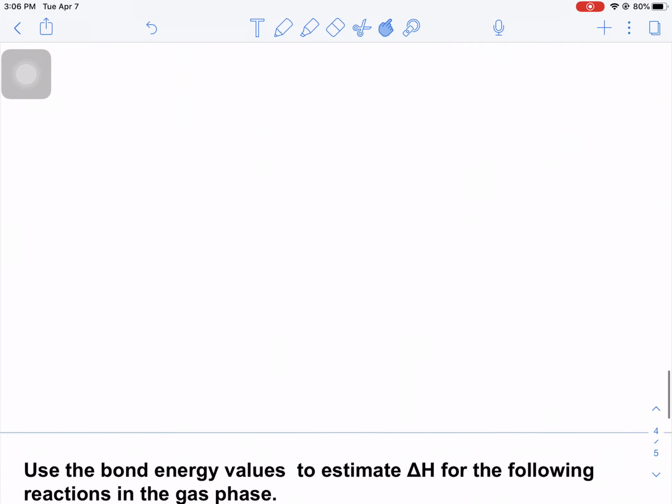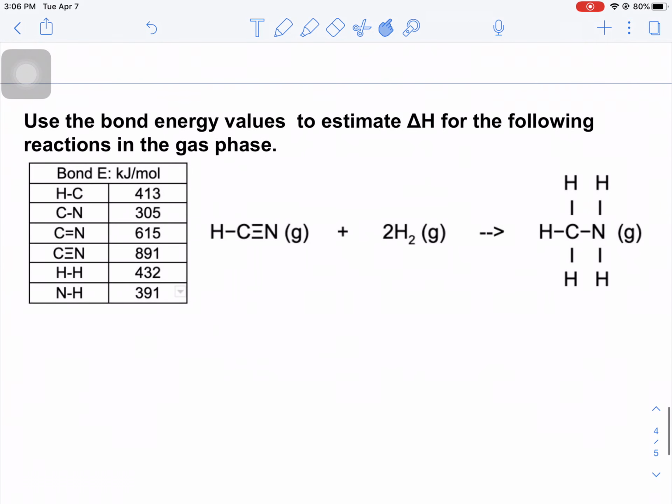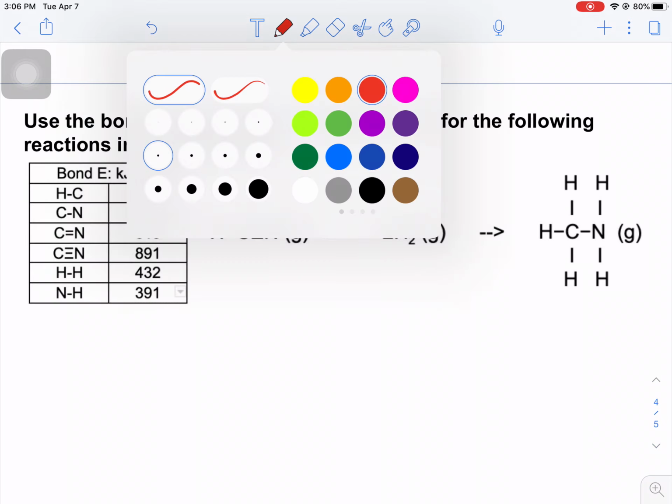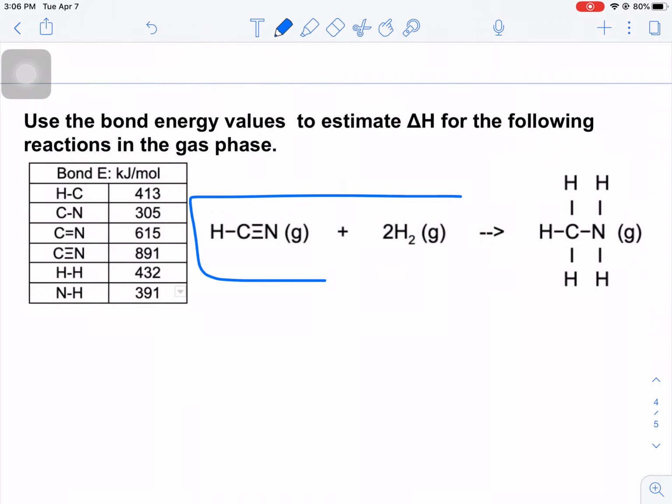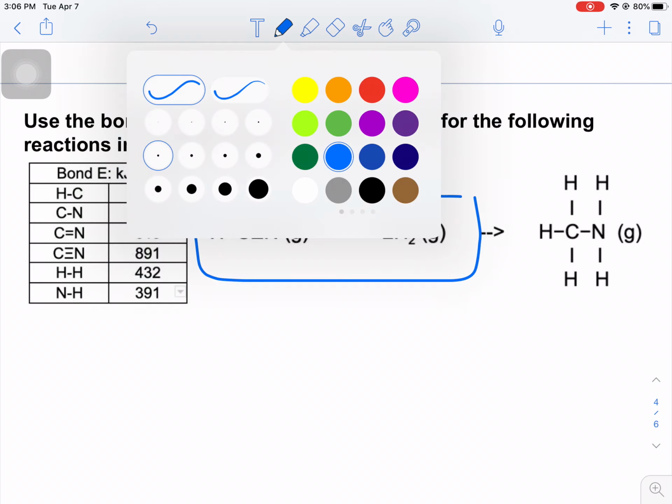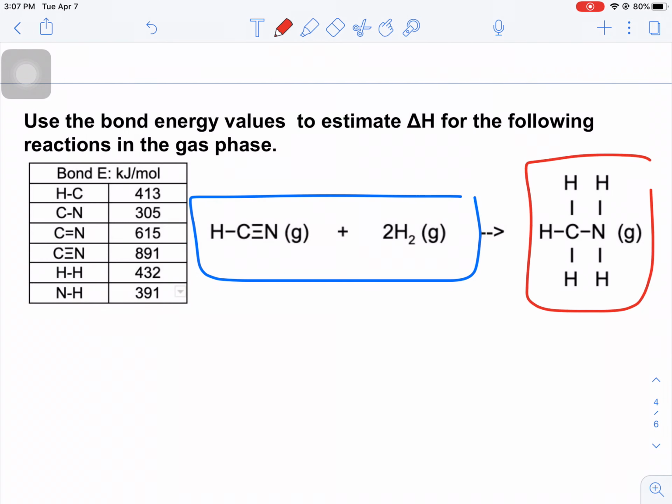All right, last problem. I'm not going to give you too many hints on this one. Just realize that this equation is balanced. Some bonds need to be broken, some bonds don't. But everything on the left side of the arrow, you're going to have to break some bonds over there. Everything on the right side, you're going to have to make some new bonds.